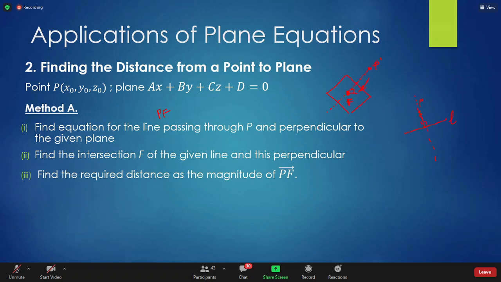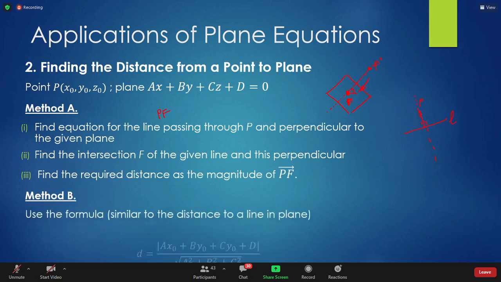However, there is a second formula, and this formula again is very similar to the formula of distance we had in 2 dimensions, line and point. So with plane and point in 3 dimensions, the formula is very similar. What is different is that we have a little bit more coordinates.